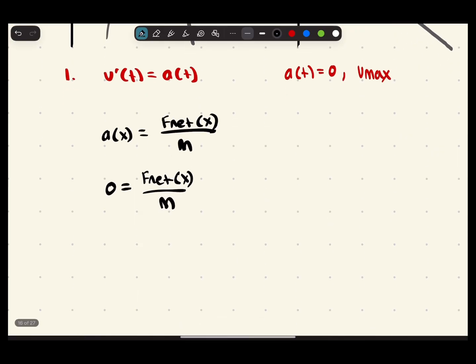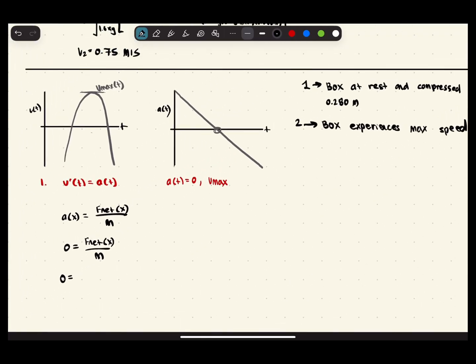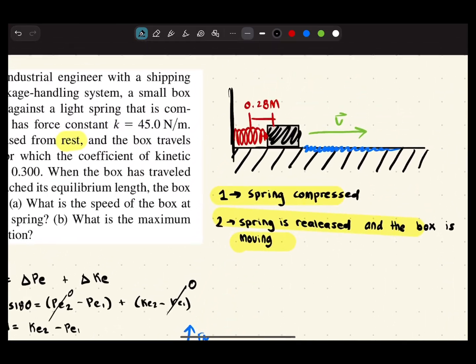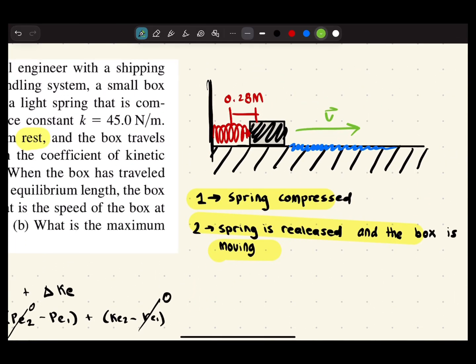Now we're going to expand our F net equation and figure out what forces are acting in the x direction. If the box is moving this way and friction opposes motion, friction is going to be acting in this direction.